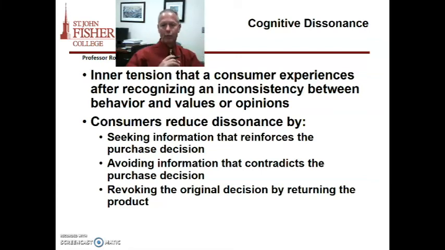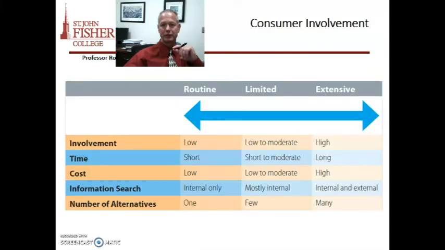We reduce cognitive dissonance by seeking information, also by trial and error, trying something on at the store, like clothes, avoiding information that contradicts what we purchased, and returning the product, being able to return the product. All those types of things help reduce cognitive dissonance within a consumer.